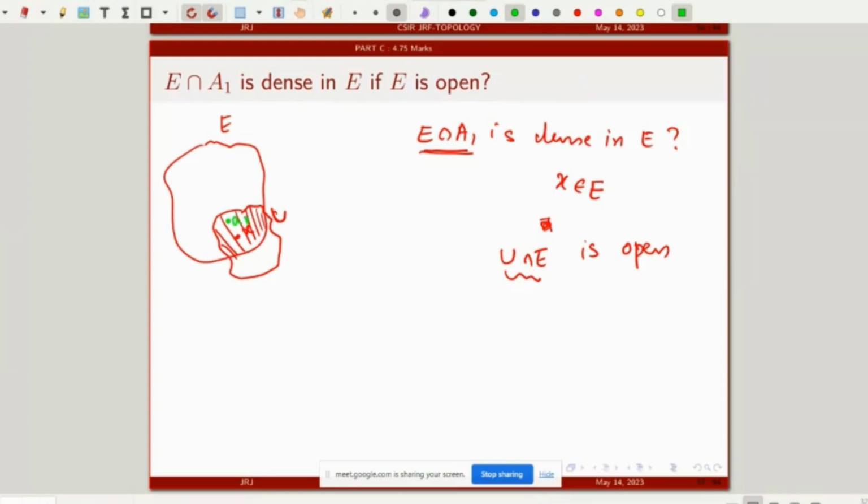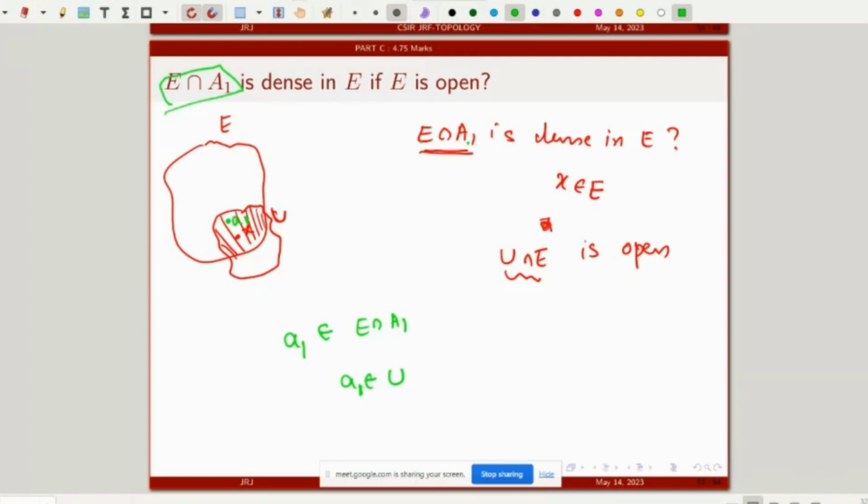So this little a1 belongs to E and belongs to A1, and a1 belongs to U. So whatever neighborhood we started with for X, we are getting an element a1 from this set. So E intersection A1 is dense in E.